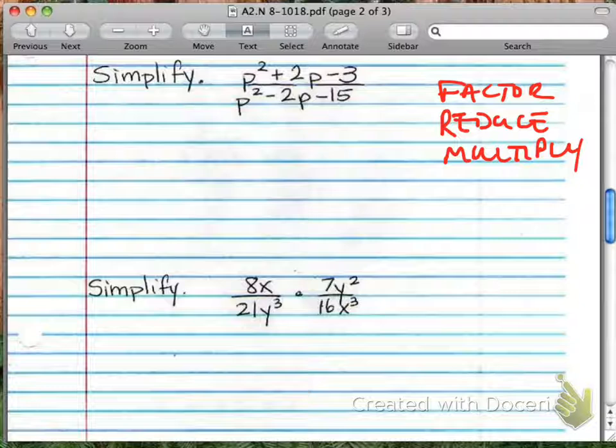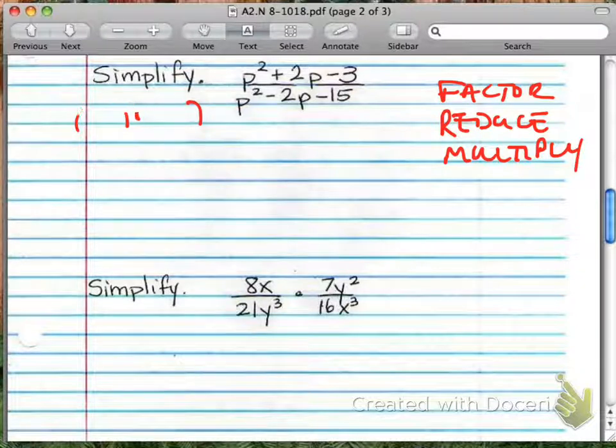Now again, we just go through our factoring flow chart. What's the first thing that we can think of with factoring? Is there a greatest common factor here on the top? No. Do I have a coefficient in front of the p squared? No. So I can start my factoring process by putting the parentheses, right?